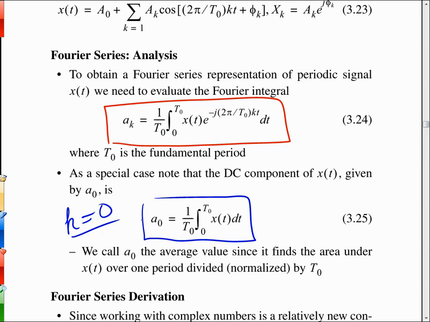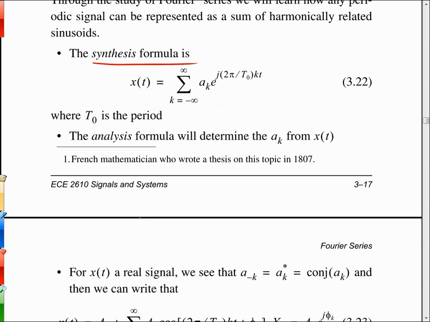T naught is the period, so whenever we consider a Fourier series idea, we have to have a periodic waveform. So from the very get-go, we have to consider a waveform that's periodic. That's where the Fourier series representation comes from. So going back over to here, this formula relies on the fact that this waveform is periodic with period T naught.